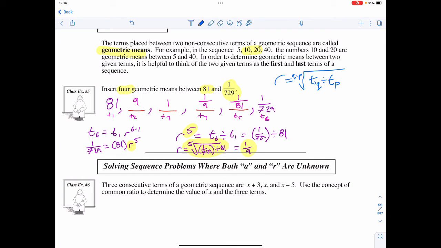To get from term 1 to term 6, there were 5 changes, or 6 minus 1. That's what tells me the index. And then I just take the value of the later term divided by the value of the earlier term. And if my terms are not right next to each other, there's a formula that I can use to always find what my common ratio is.